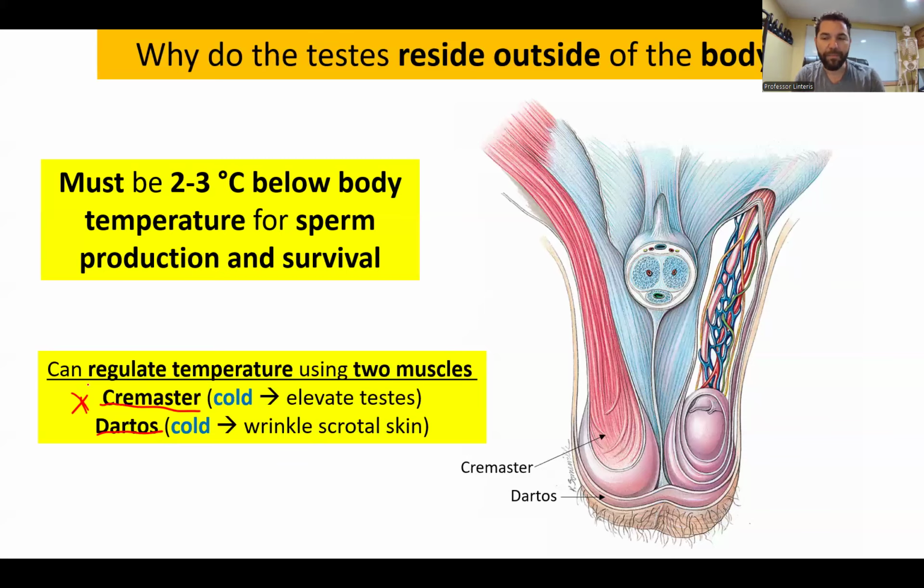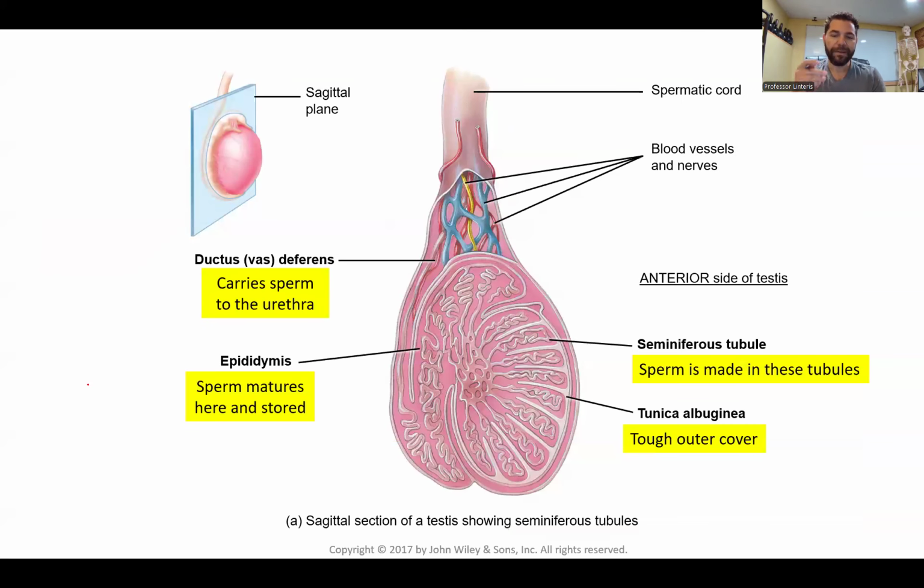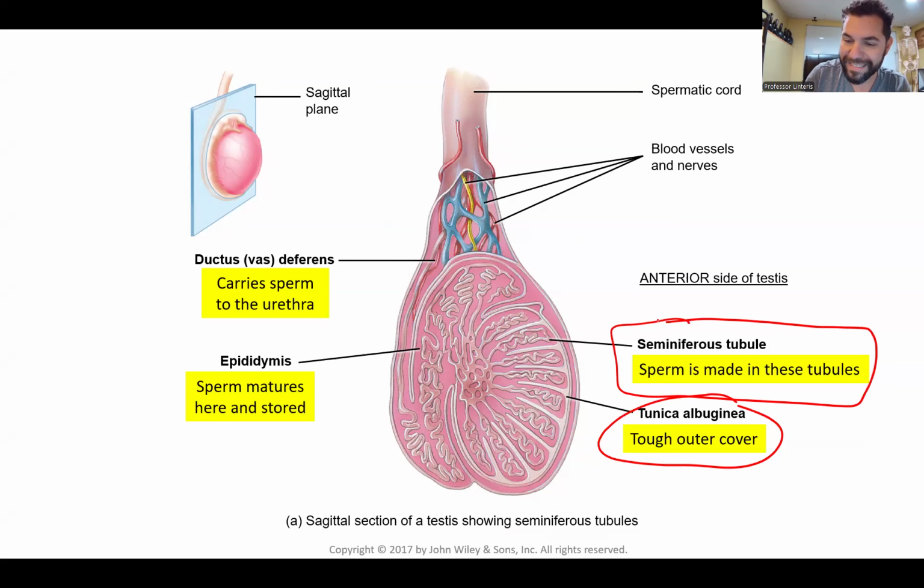thermoregulate the testes. We have a couple components in the testes. Number one, you have the tunica albugina, which is the outer cover. I don't talk about that as much, but you have the seminiferous tubules. These are where sperm are produced. And we'll take a look at a couple different pictures of how this works, but that's where spermatogenesis is taking place, right?